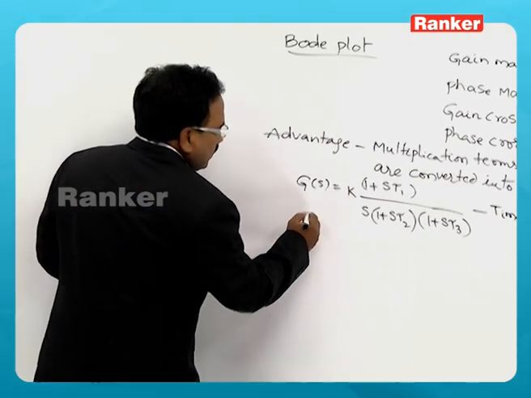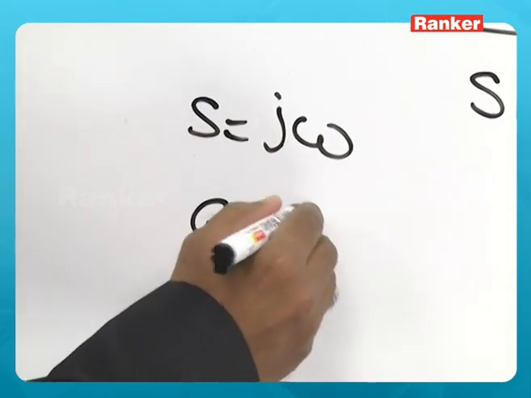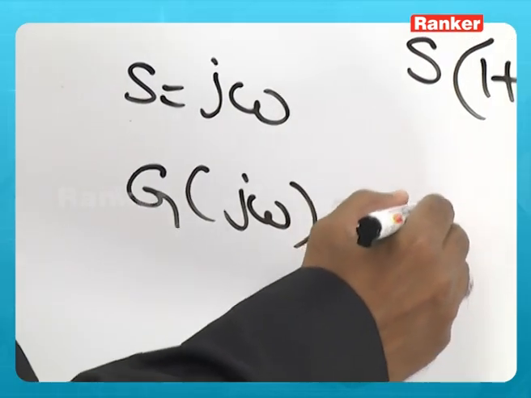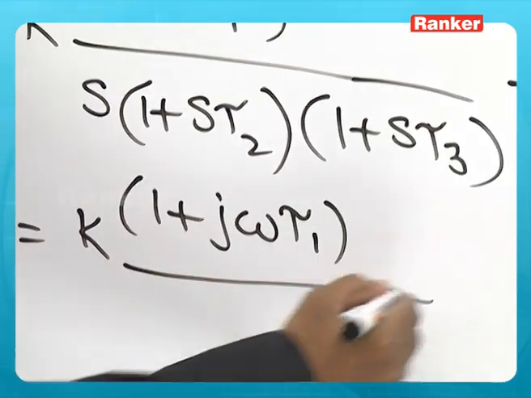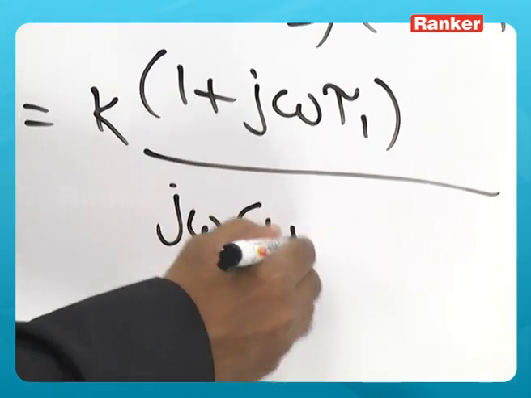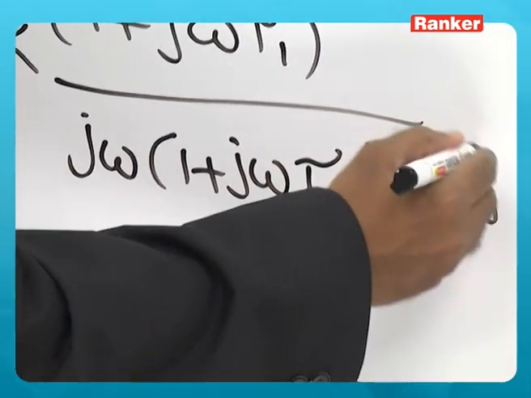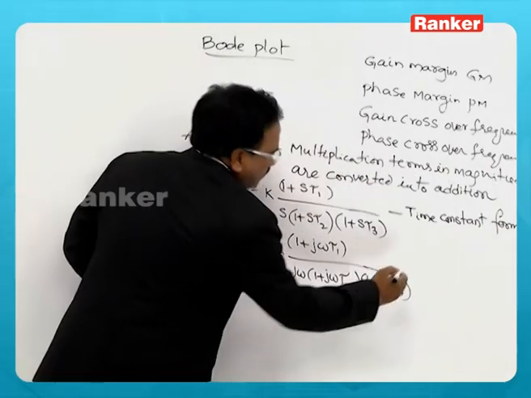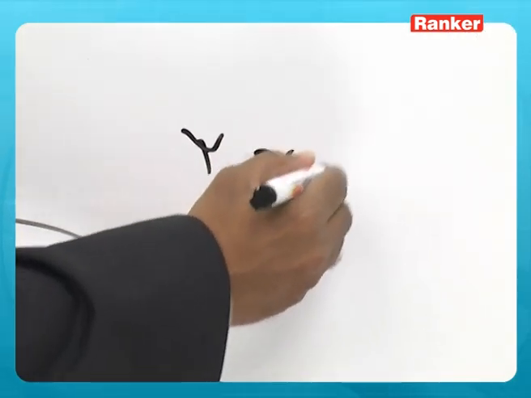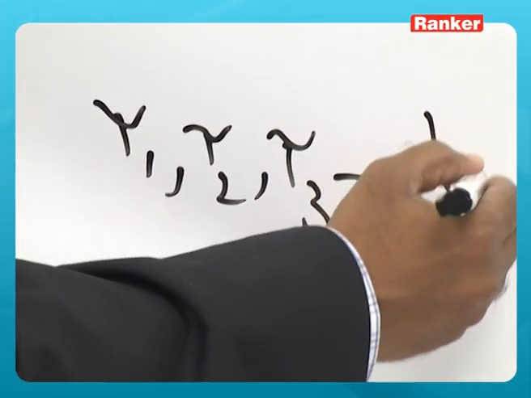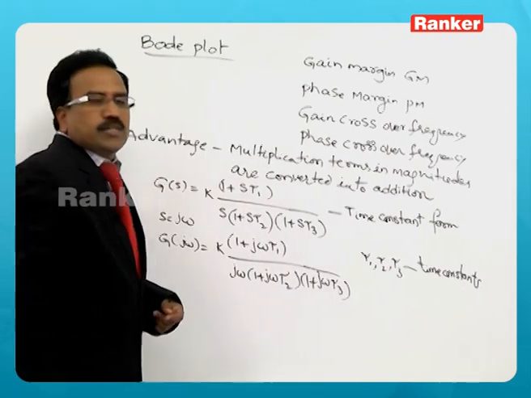So, this given function is in time constant form, but in S domain. We need to have the sinusoidal transfer function, so replace s by j omega. This becomes K into (1 plus j omega tau 1) by j omega (1 plus j omega tau 2) into (1 plus j omega tau 3), where tau 1, tau 2, tau 3, etc. are the time constants of zeros and poles.